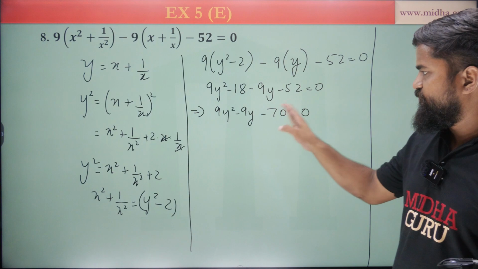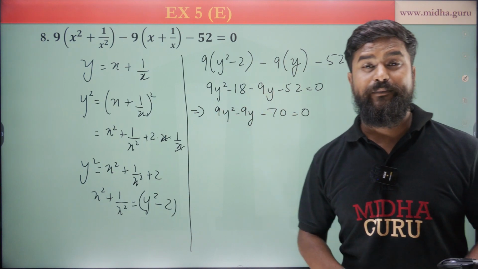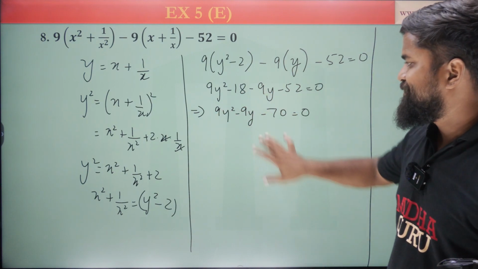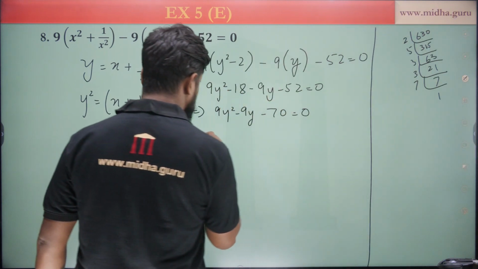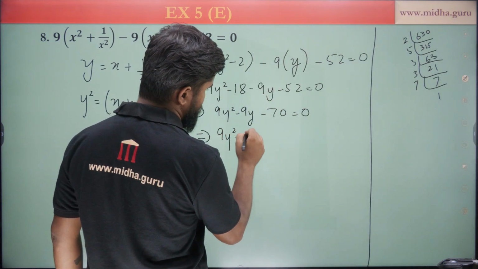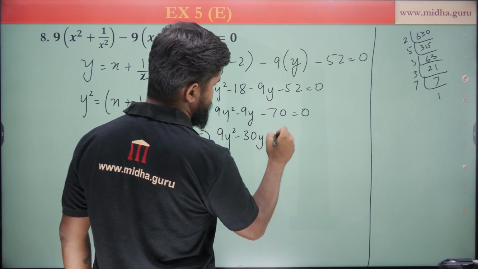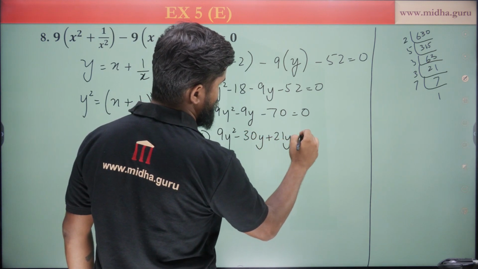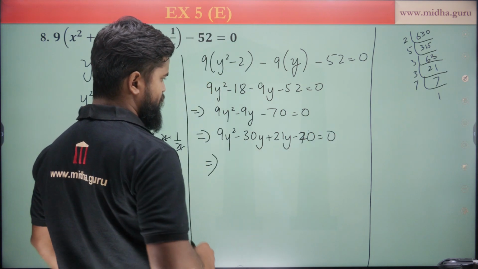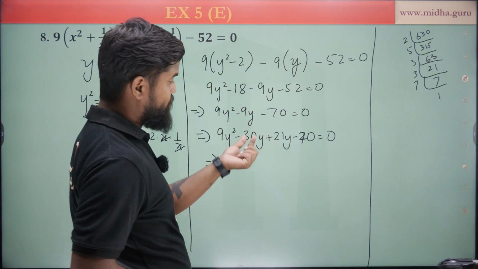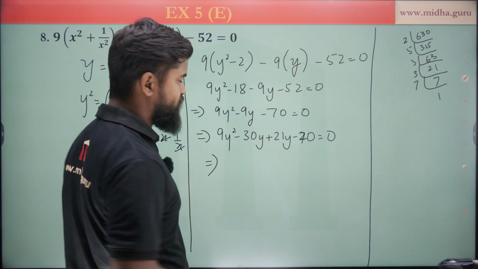Now here we have a into c forming minus 630. And that is how we are supposed to split minus 9. So we split it into minus 30y plus 21y minus 70 equal to 0. Since minus 30 plus 21 will give us minus 9, and multiplying these both we get minus 630.